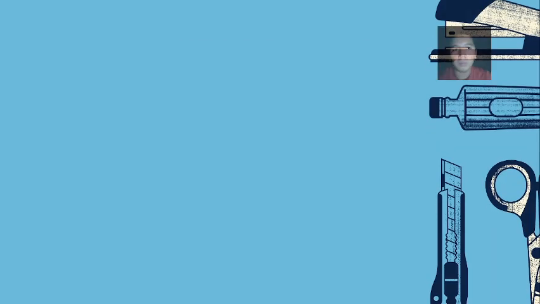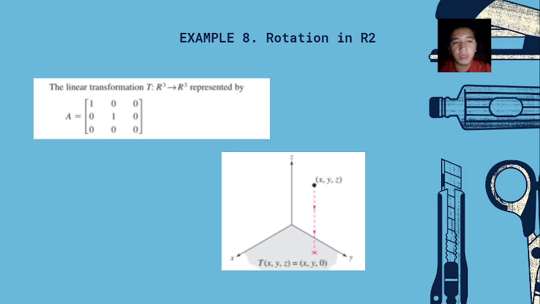For this example, the linear transformation T to R cubed represented by the matrix is called the projection in R cubed. If v = (x, y, z) is a vector in R cubed, then T(v) = (x, y, 0). In other words, T maps every vector in R cubed to its orthogonal projection in the xy-plane, as shown in the figure.